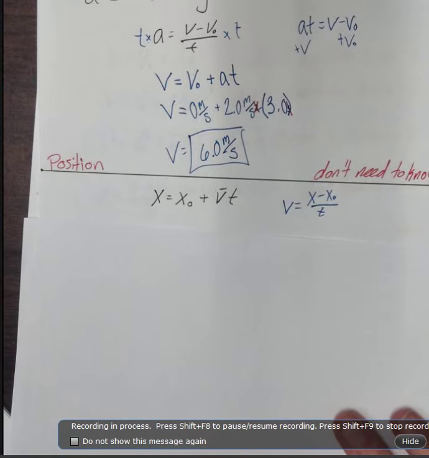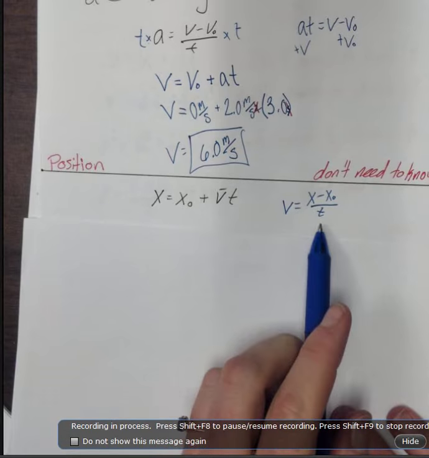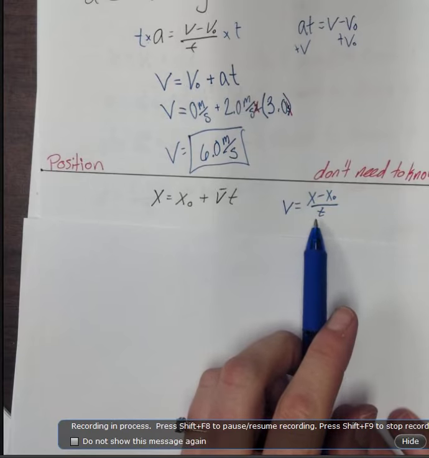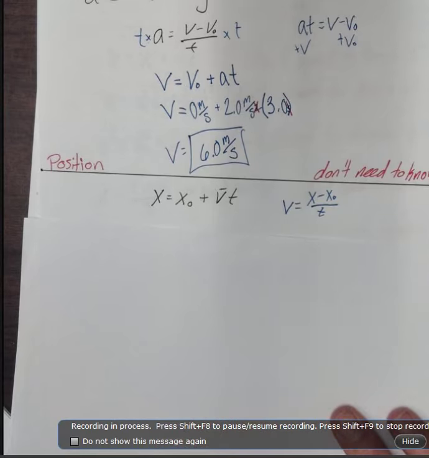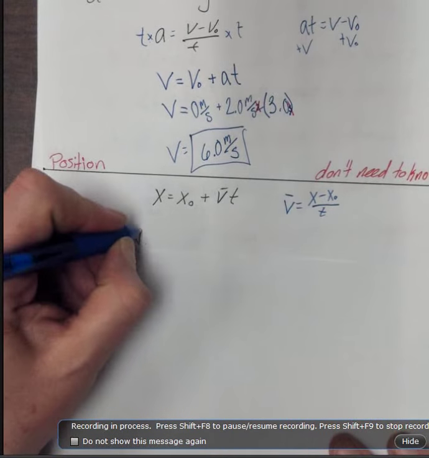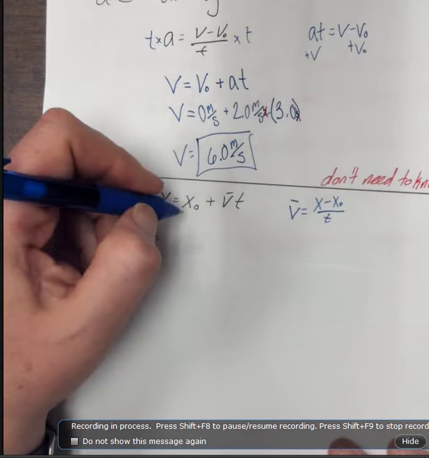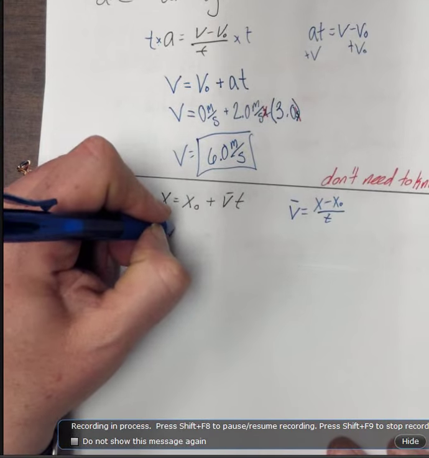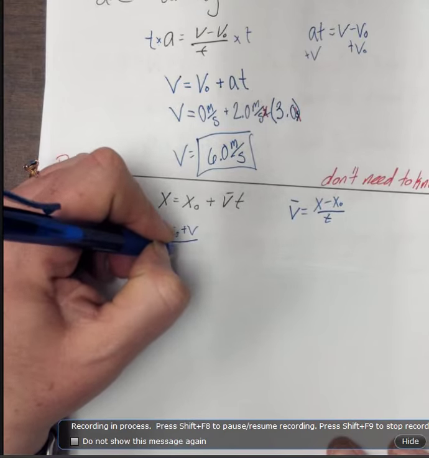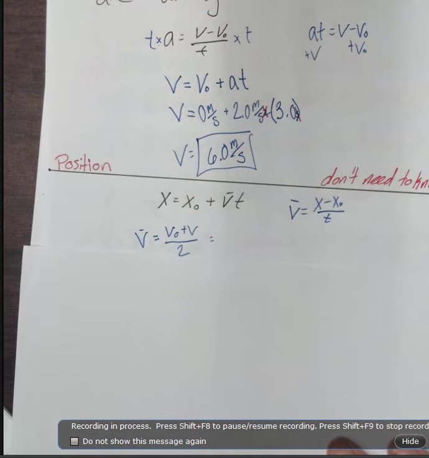But you're probably saying, well, this equation right here is only valid for situations that involve uniform motion with no acceleration. And that's true, except remember, this is an average velocity. And we know that average velocity in any situation is the average of the two velocities. V naught plus V divided by 2, that would give you your average velocity.